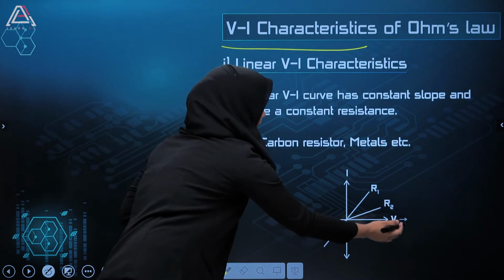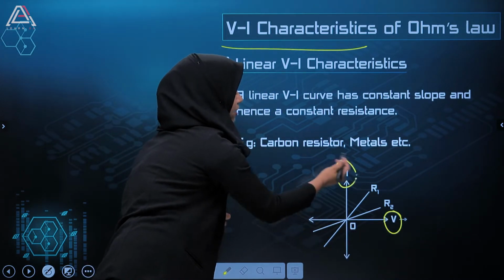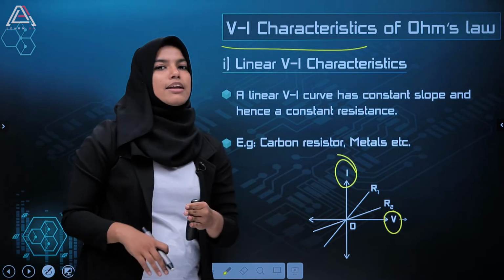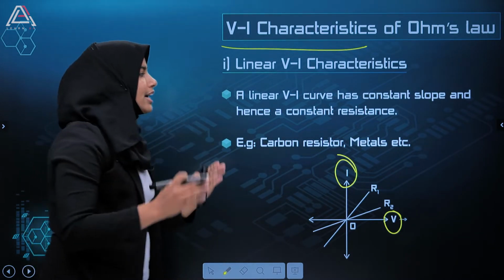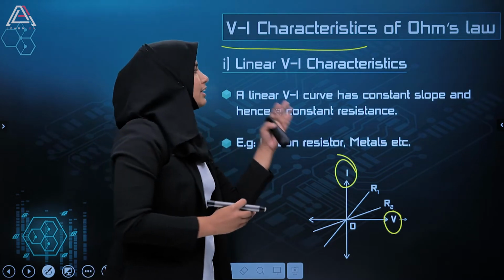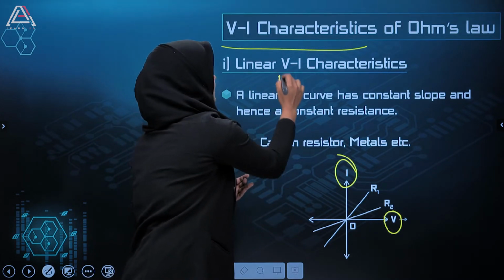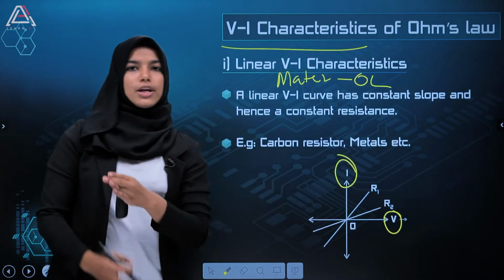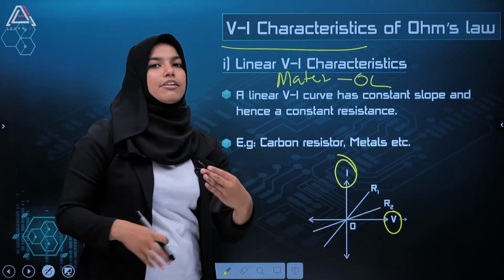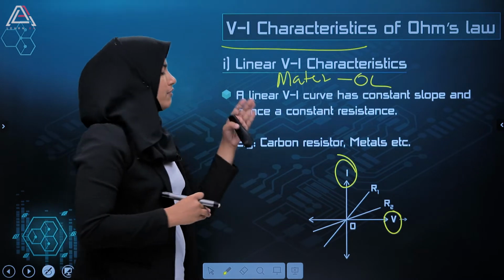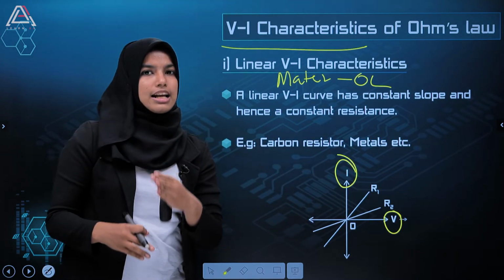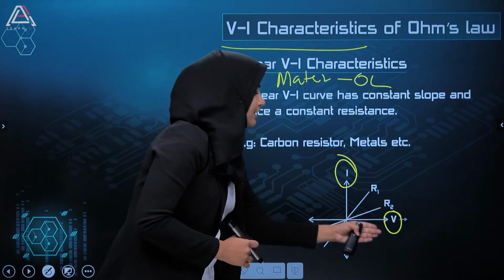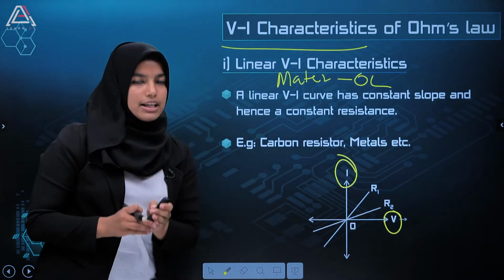Means V will be taken on the x-axis and current will be taken on the y-axis, and we will be drawing the lines and we will get a straight linear line in case of materials that follow Ohm's law. Okay, so these are the ideal materials that follow Ohm's law, and we will get a straight line if a material is following Ohm's law, because in that case V and I will be directly proportional.